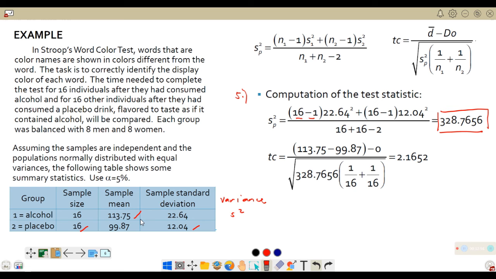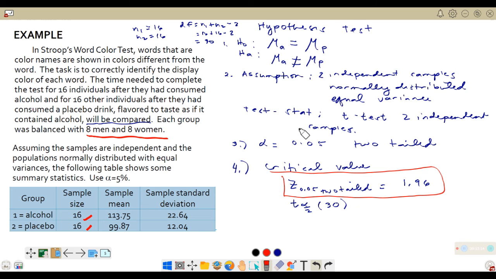For the T computed, we have 113.75. That is the sample mean of the first group, minus 99.87. The mean of the second group, minus 0. Bakit minus 0? Wala naman tayong assumed difference, di ba? Balikan natin yun dito. Ayun. So, dito, ang assumed difference natin ay mean sub A minus mean sub P, which is equal to 0.